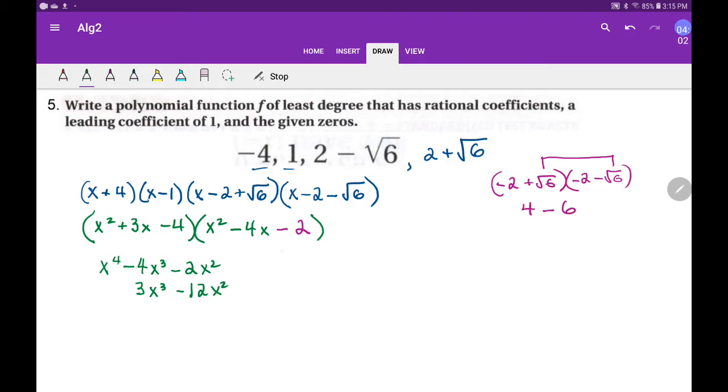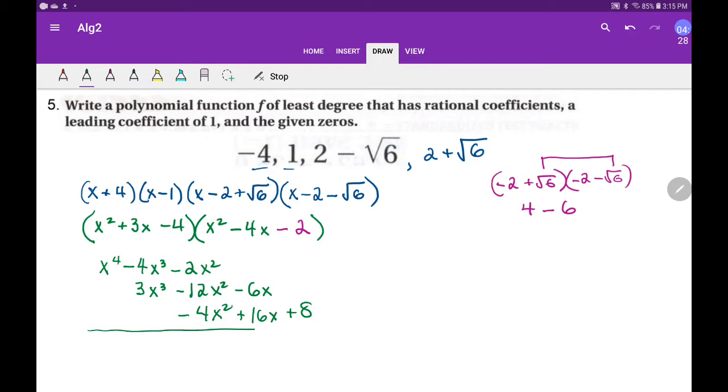I wanted to say 7 there. That's a danger, isn't it? I see people doing that. 3x times negative 2 is negative 6x. Negative 4 times x squared is negative 4x squared. Notice that I'm lining up my x squareds. Negative 4 times negative 4x is going to be plus 16x. Negative 4 times negative 2 is plus 8.